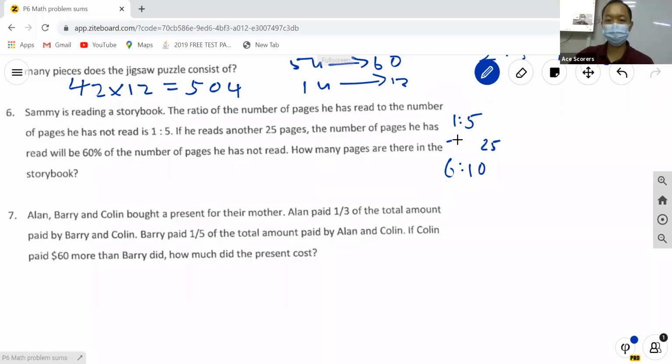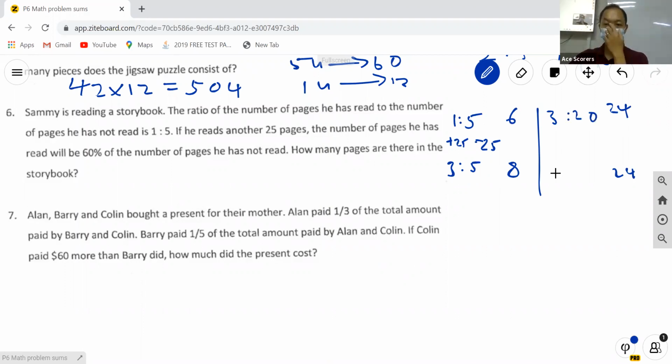Plus 25, minus 25. So the total number of pages is 6 units, is 16. Okay, reduce some more. 3, 5. So it's 8, 24. So I make 24. The top part times 4, so 4 is to 20.